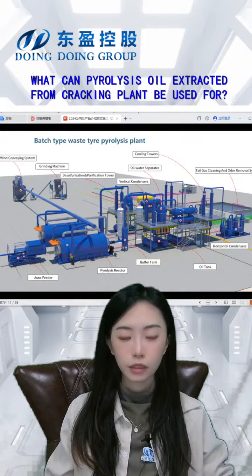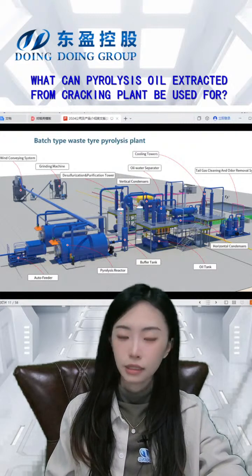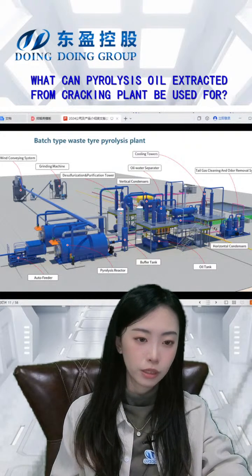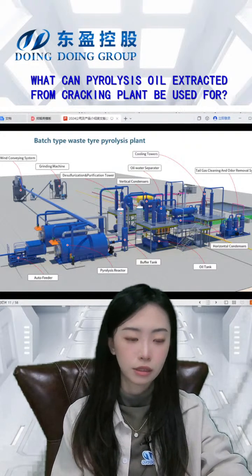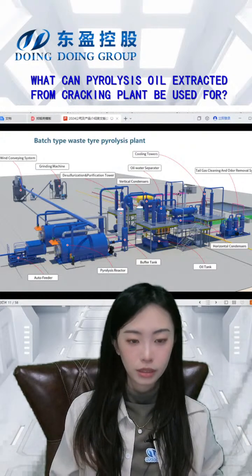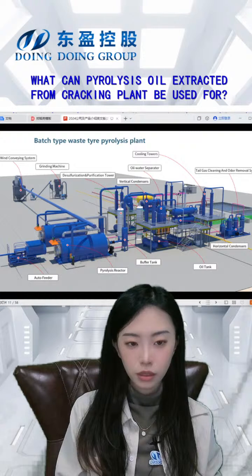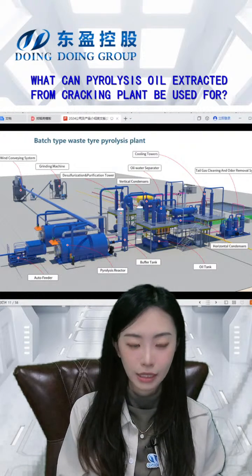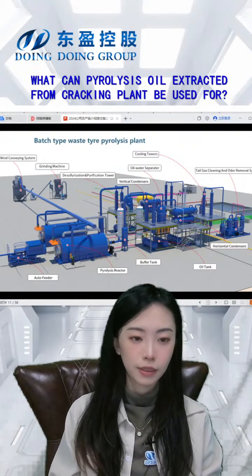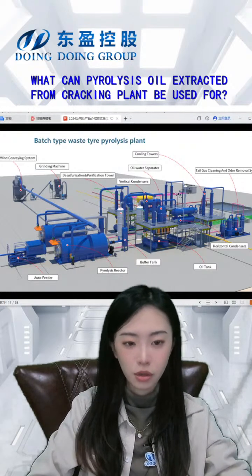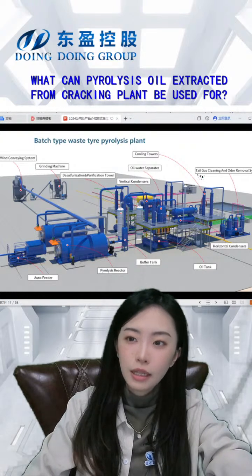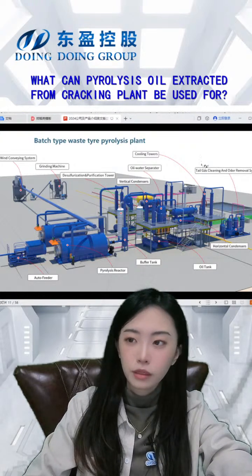We have a water tank here, the water pool, and by using the pump we pull it into the condensation system. The water and the oil will not contact. They are all in a sealed environment, so there is no pollution of the water. The oil will not get into the water.